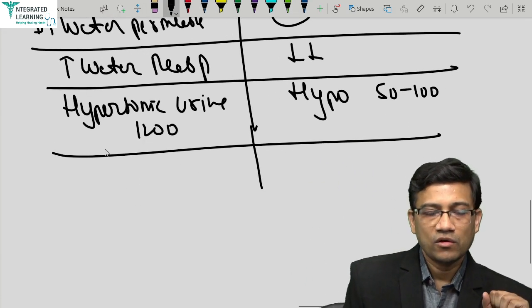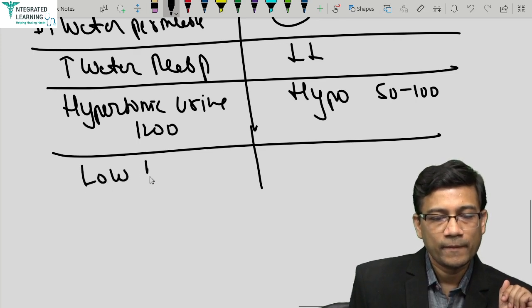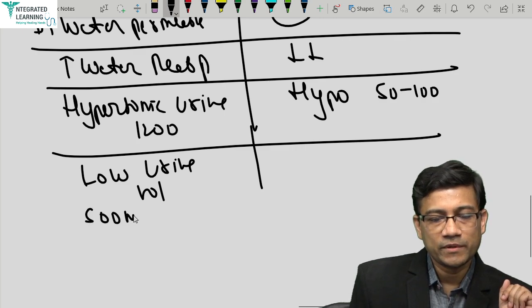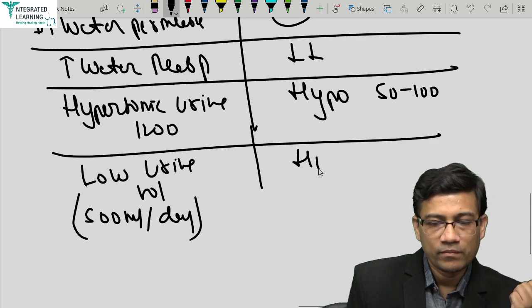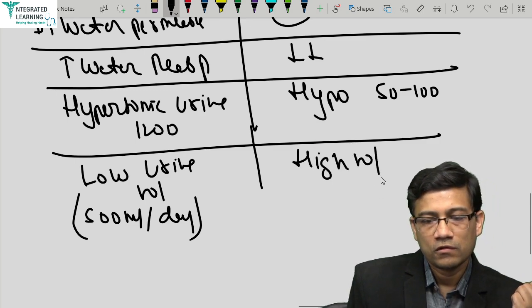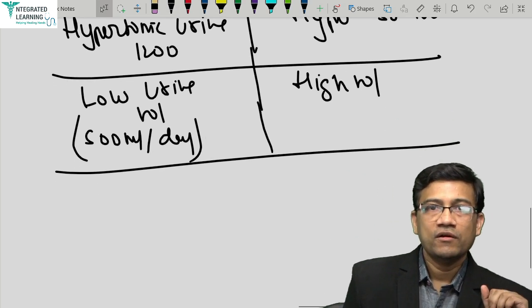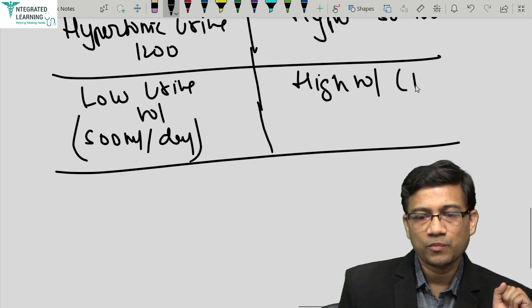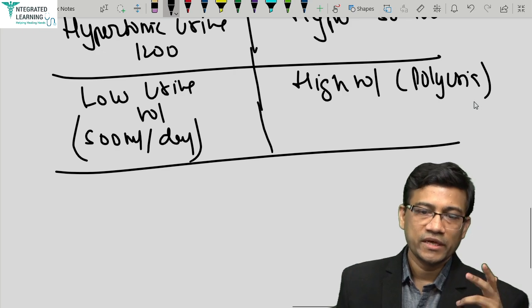And lastly what happens? There will be decrease, low urine volume, almost 500 ml is the minimum we can make. Here it will be high volume, and since high volume, it can cause polyuria, polydipsia, all classical features, increased thirst.